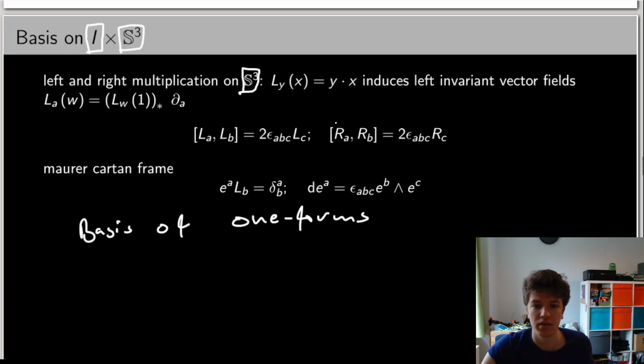And left invariant means that we regard S3 as a group.